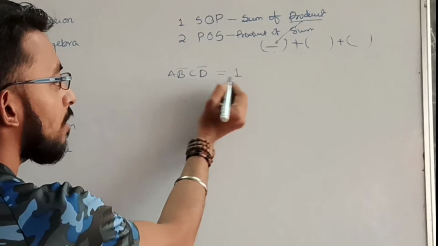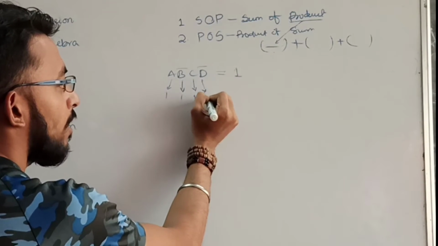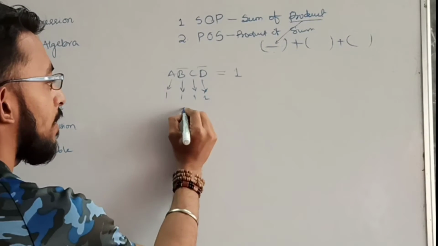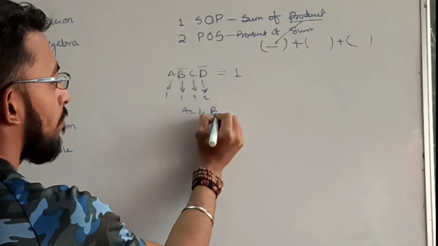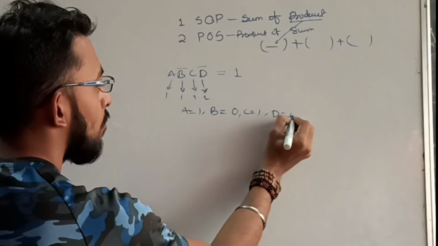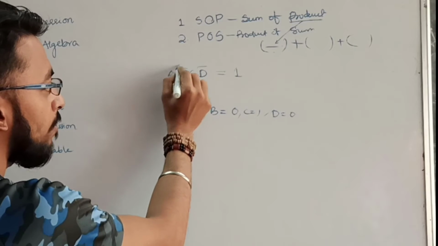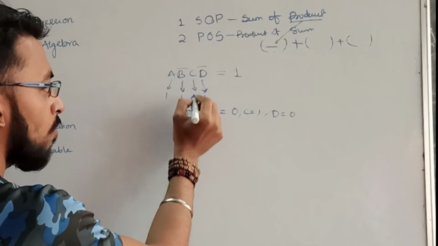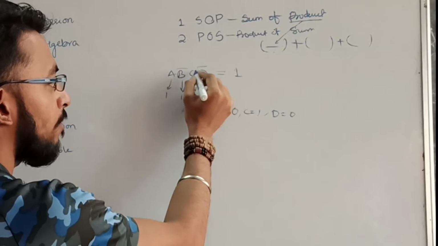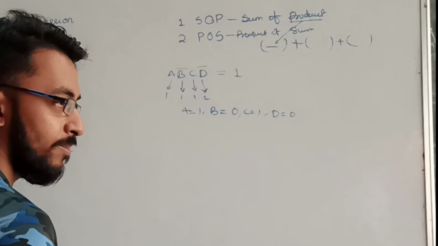Since they are ANDed, what are the conditions? All inputs should be 1. All literals should be 1. It means my A should be 1, B should be 0, C should be 1 and D should be 0. Then only it is possible: A equal to 1 and B equal to 0, B 0 means B bar will give me value 1. C equal to 1, it is okay. D is 0 means D bar will give me value 1. Then 1.1.1.1 will give me value 1.